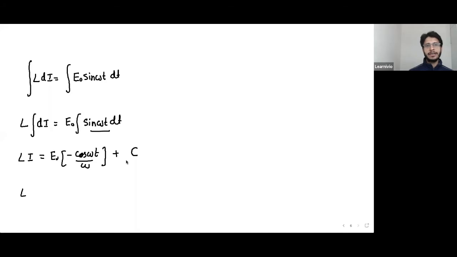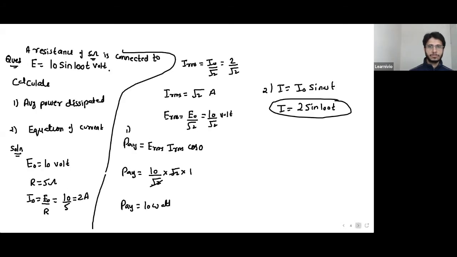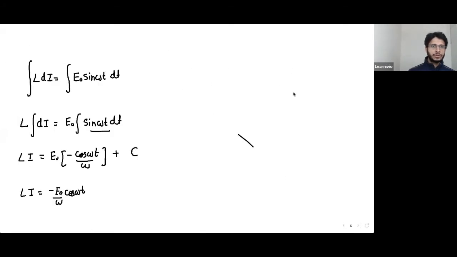Whenever you integrate an indefinite integral, instead of limits, you just write a constant c. So your L I comes out to be minus E naught by omega cos of omega t, plus c.